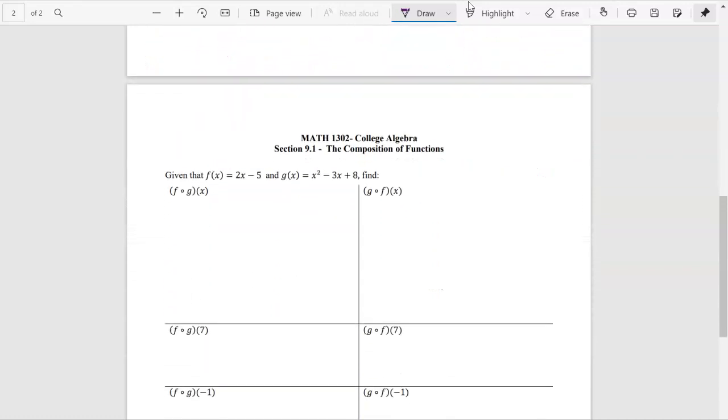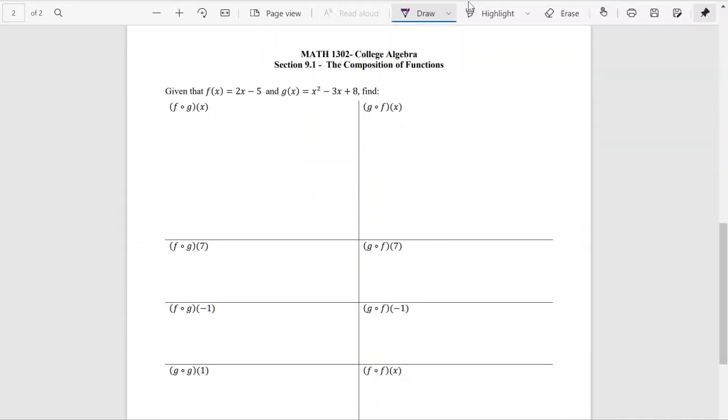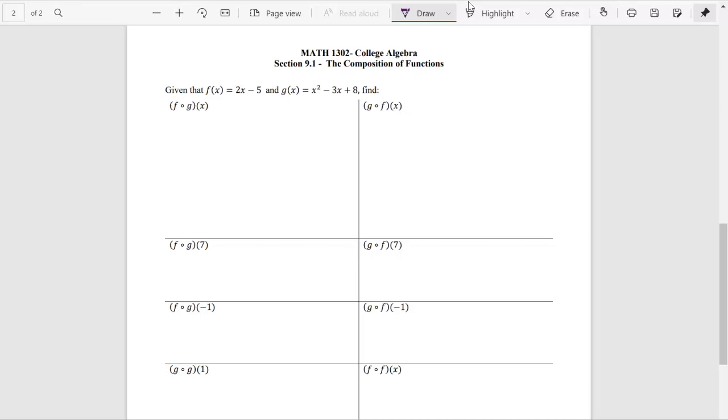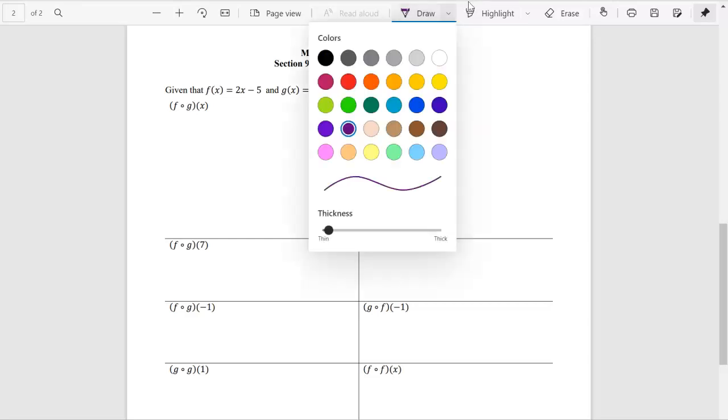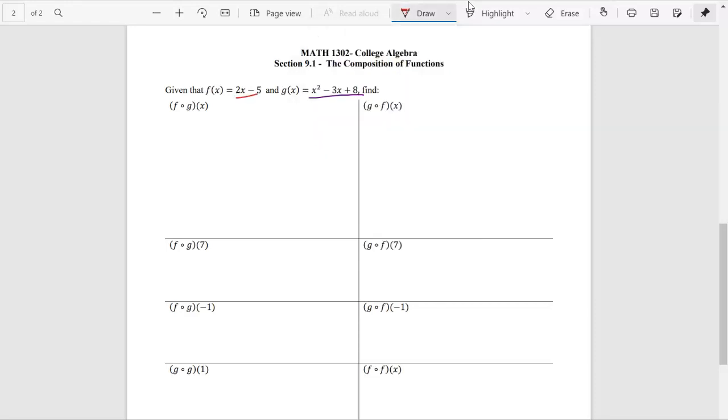Okay, so here we have a few more examples of how to do the composition of functions. Let's let our g of x be this purple, and we'll let our f of x be red. So this says f of g of x.